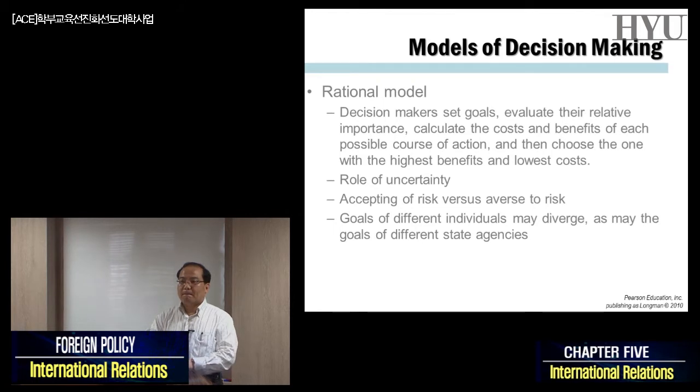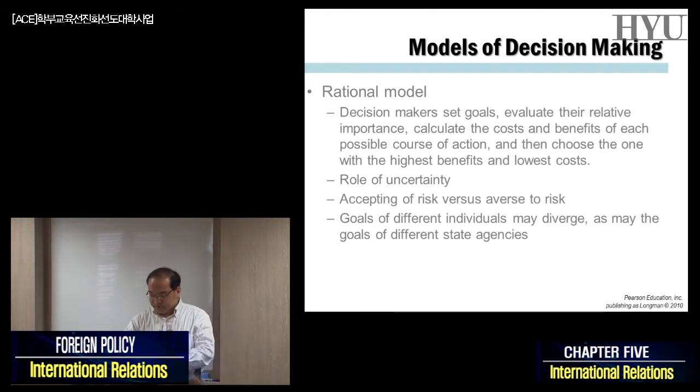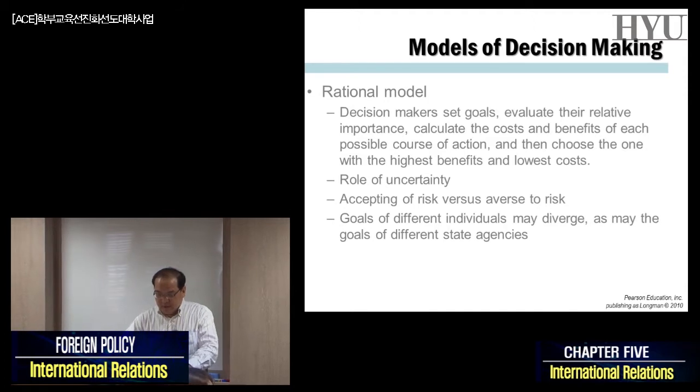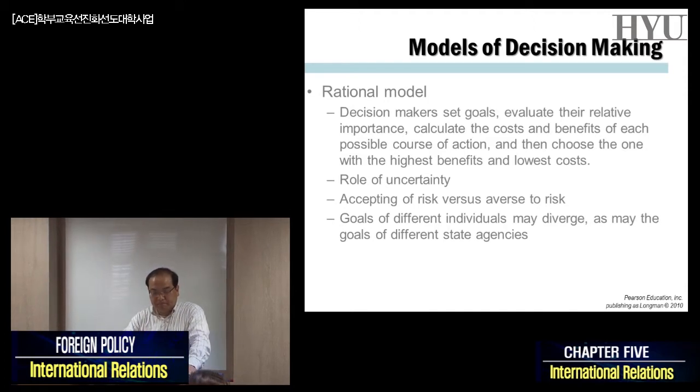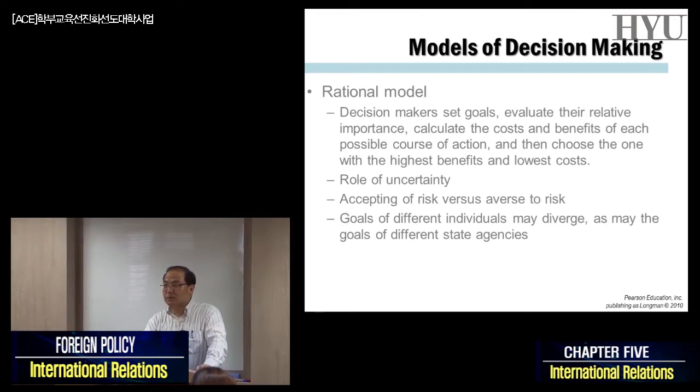Number 4, the type of irrationality theory, is this: in making a decision, information is important, but information alone doesn't reach a decision. What affects the decision-making process in addition to information?